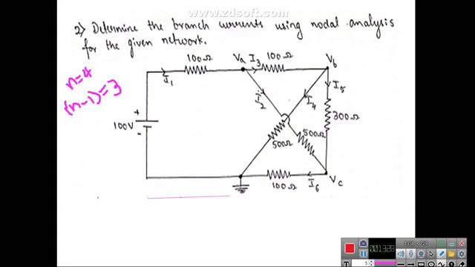Once you identify the nodes and how many nodal equations are to be written, you need to mark the currents in each of the branches.